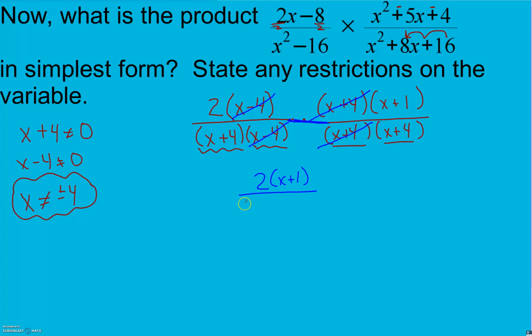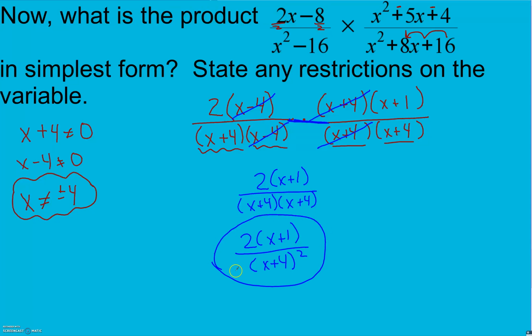In my denominator, I have x plus 4 times x plus 4, which I'm just going to rewrite. Anything times itself means we can take it squared. So 2 times x plus 1 over x plus 4 squared, as long as x is not plus or minus 4.